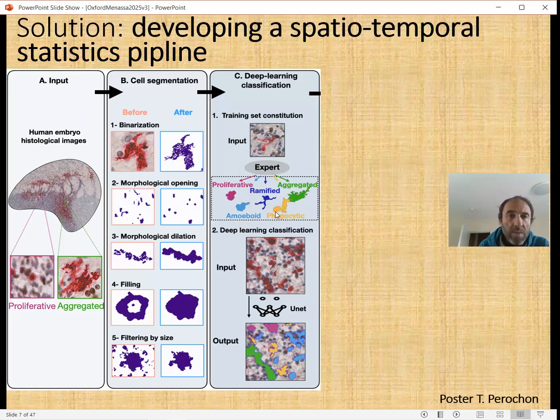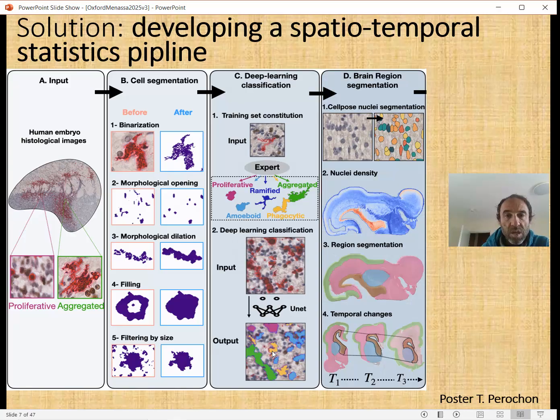So you want to upscale, and that's what you want to do with this deep learning approach. That is, you have these cells here, and ultimately the machine learning classification will allow you to get automatically this color identification, where a label is given to each cell, and thus it's the classification that you want.